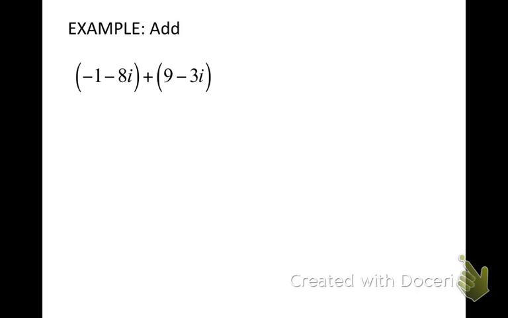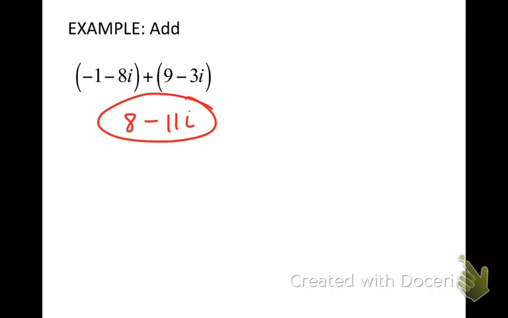But all you're doing is adding your real with your real and your imaginary with your imaginary. So my real part in the first binomial is a -1. My real part in the second binomial is a 9. So -1 plus 9 combines to make 8. Then you add your imaginary parts together. A -8i plus a -3i would make -11i.